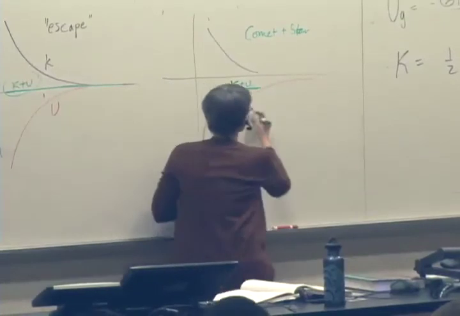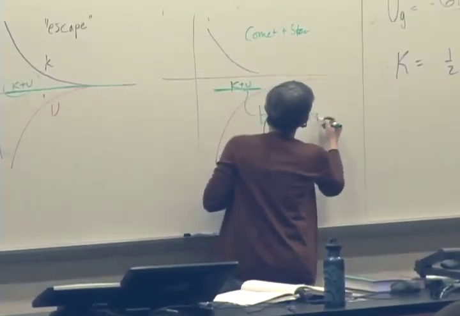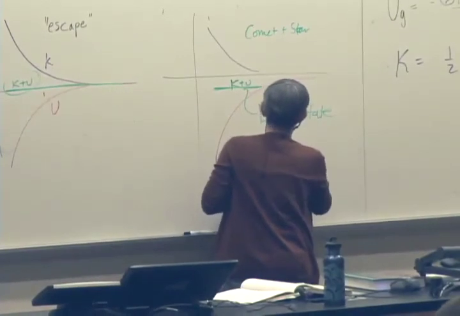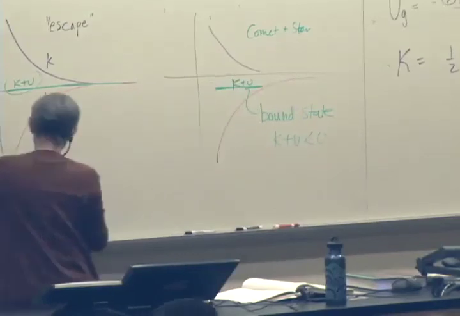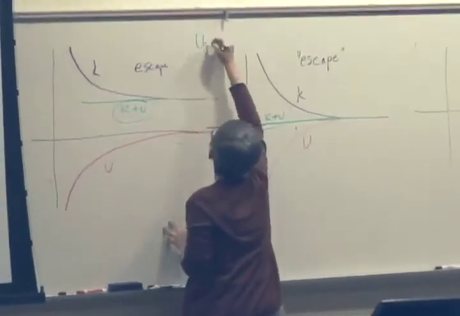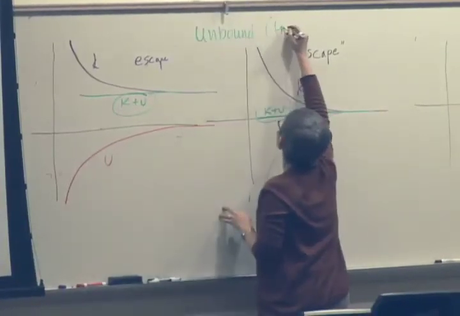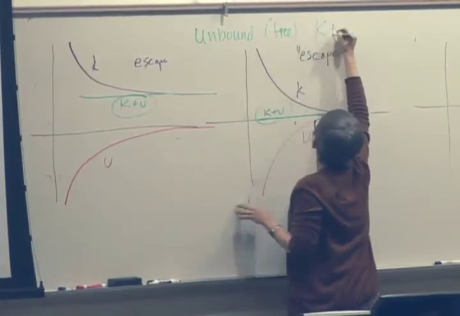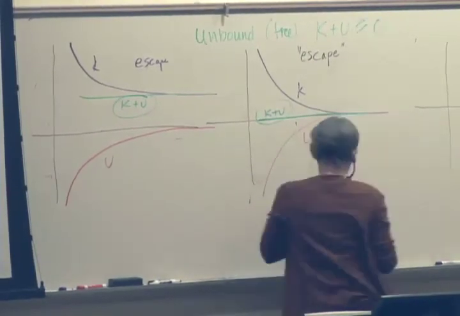So we call this a bound state, K plus U less than 0. And we call these two states unbound, or sometimes free, if K plus U is greater than or equal to 0.